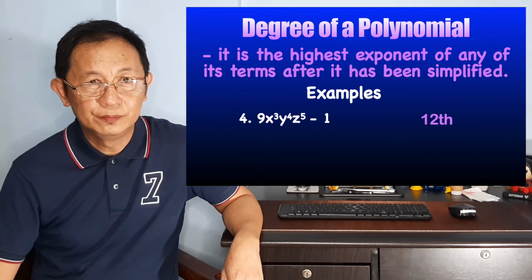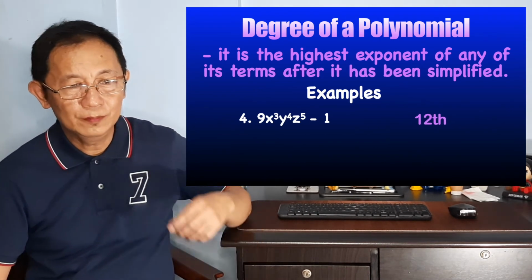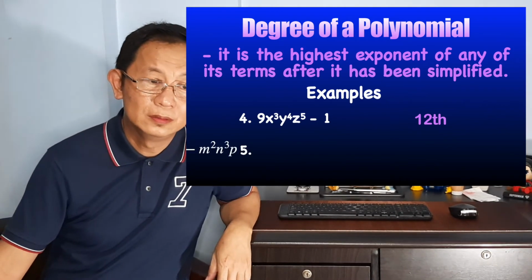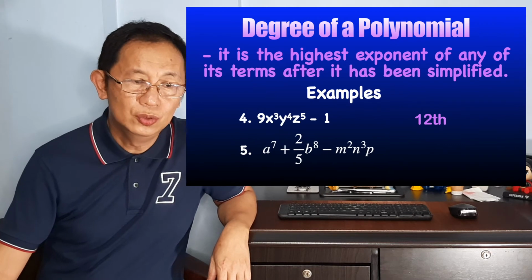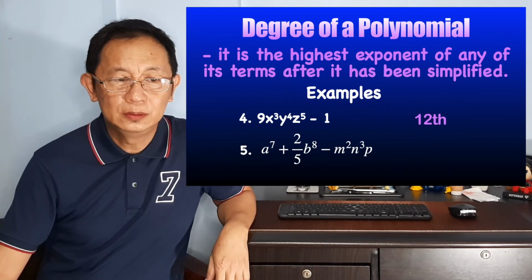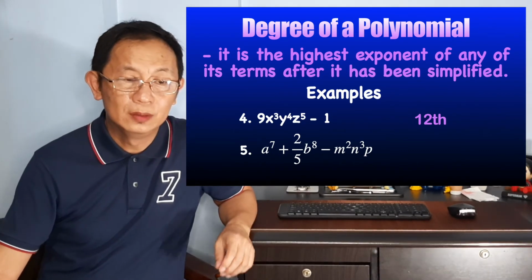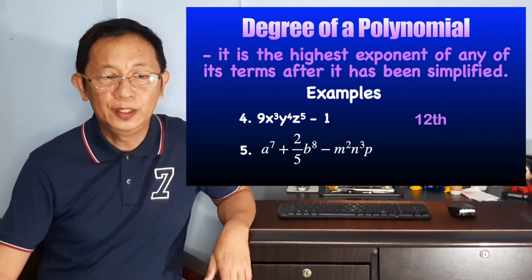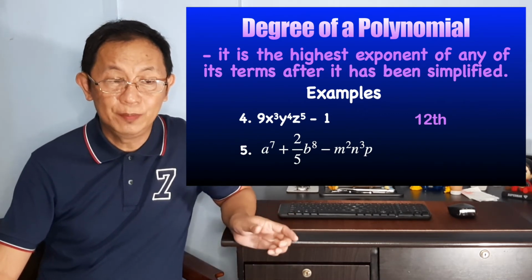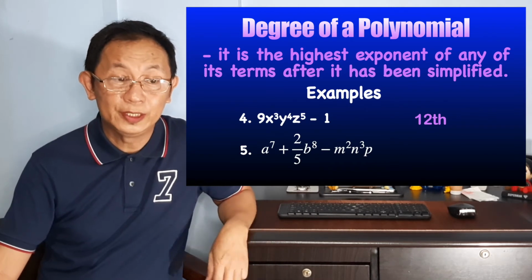And number 5 example. a to the 7th power plus 2 fifths b raised to the 8th power, or 2b raised to the 8th power over 5, minus m squared n cubed p. So the first term, a to the 7th power, is in the 7th degree.